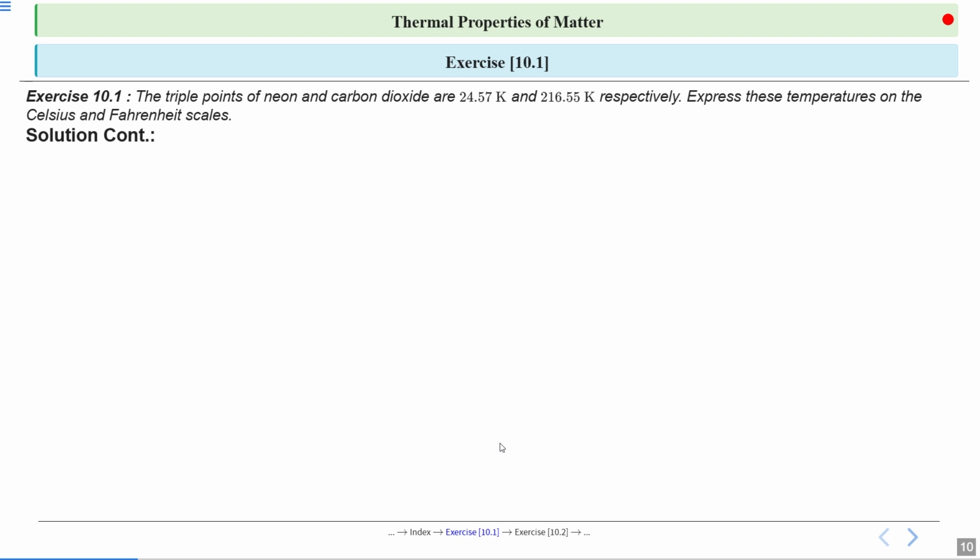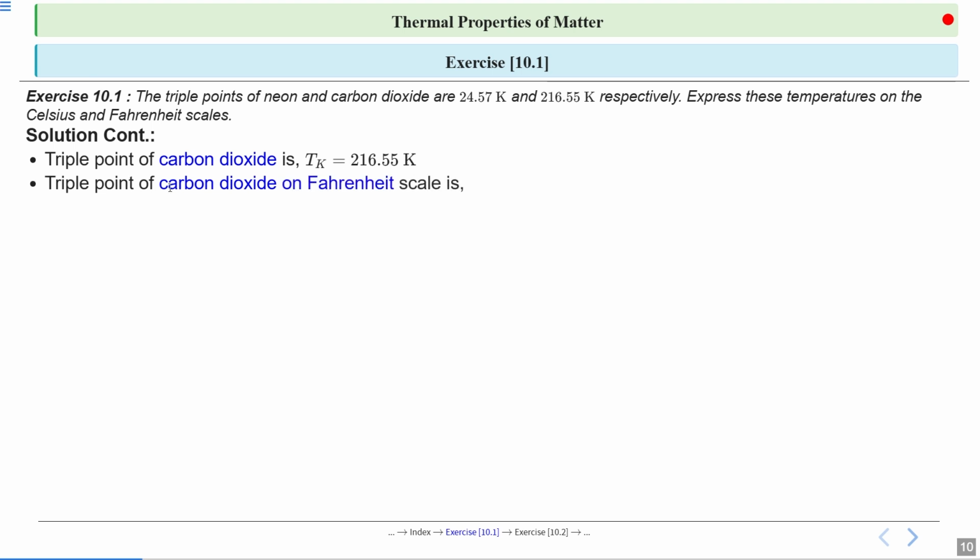Now, the triple point of carbon dioxide is Tk equal to 216.55 Kelvin, and the triple point of carbon dioxide on the Fahrenheit scale is Tf equal to 9/5 into minus 56.60 plus 32. As we know the relation, that is Tf equal to 9/5 into Tc plus 32.